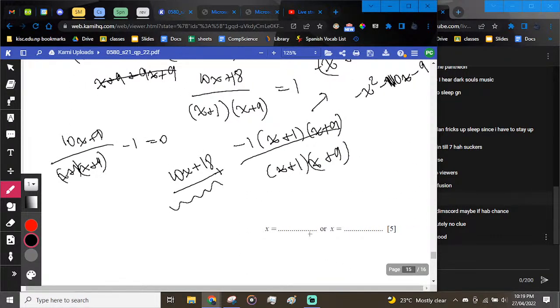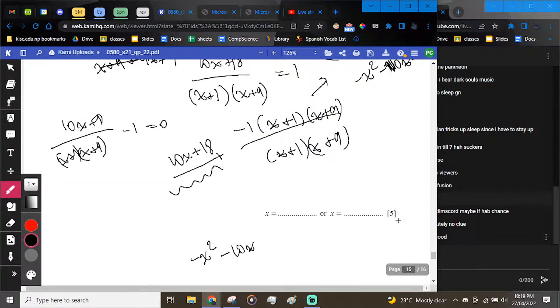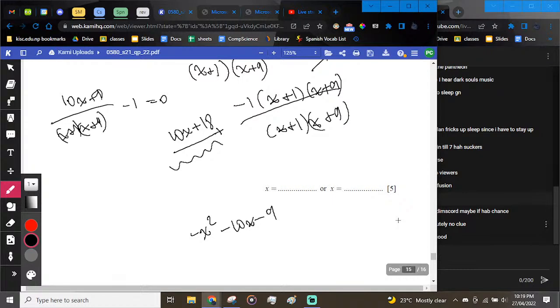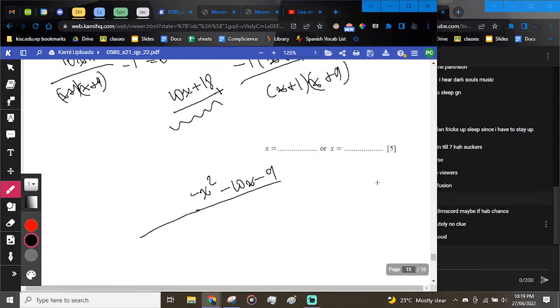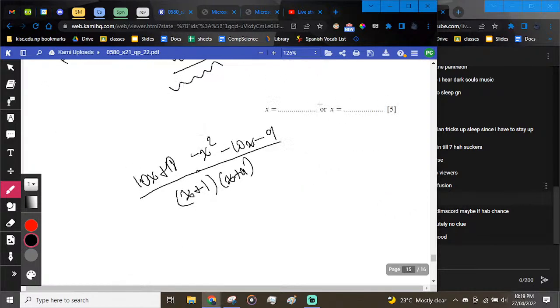Let's move this down here. Now that they share a denominator, we can add them. 10x. This simplifies off to... I don't like this question.